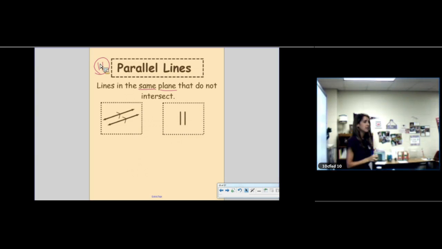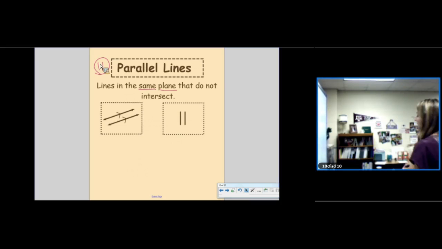We just went over it. It's right above it. Coplanar. Very good. Same plane, coplanar. So parallel lines are coplanar lines that do not intersect.